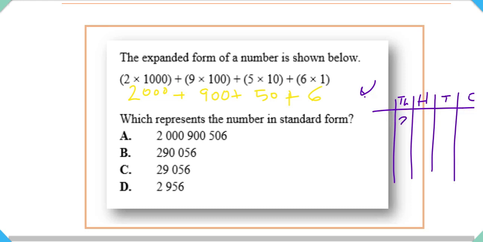We have 2 thousands, 9 hundreds, 5 tens, and 6 ones. This is our answer to this question. D is our answer. So the standard way that we write 2000 plus 900 plus 50 plus 6 is 2,956. Got it? Let's move on to the next item.